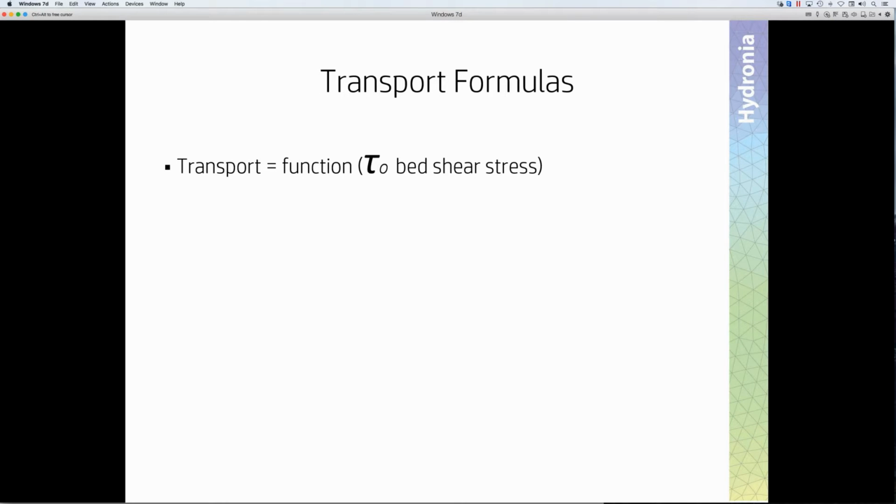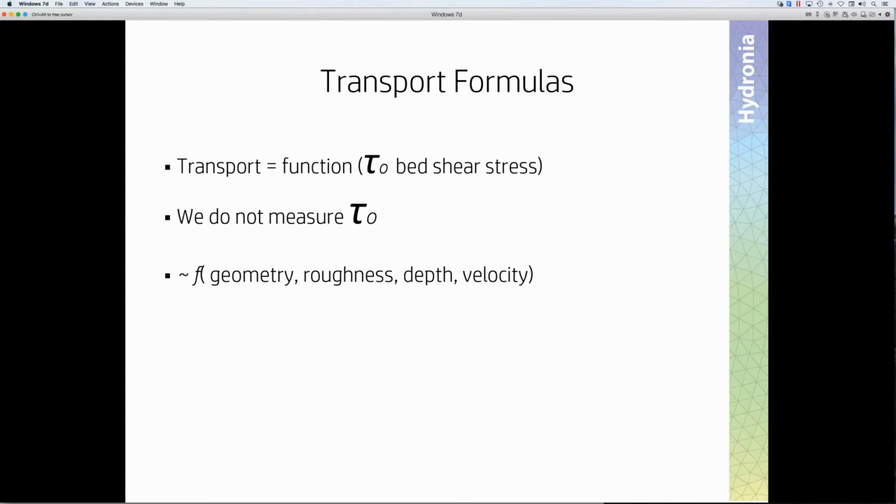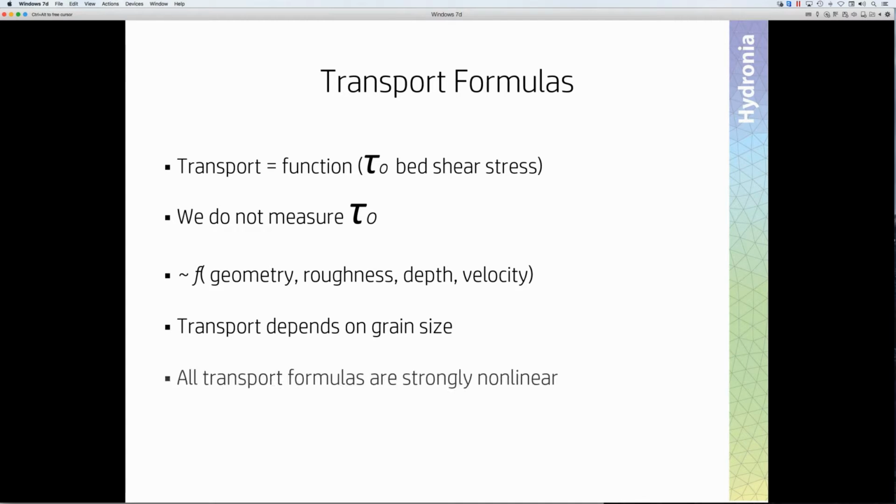Now, the transport formulas provide the amount of sediment as a function of the shear stress on the bed. So the shear stress is something that we cannot measure, but it's normally a function of geometry, roughness, depth, and velocity. And it also depends on the grain size.